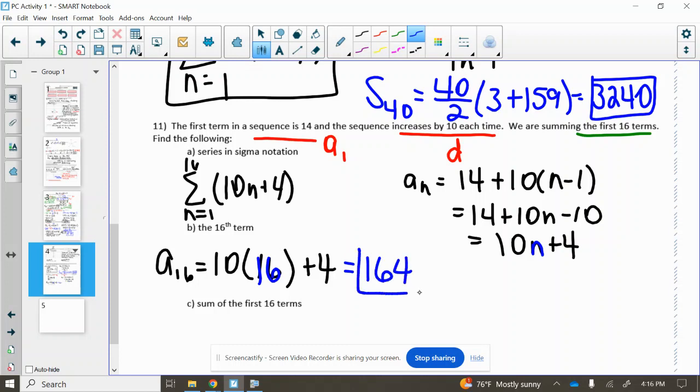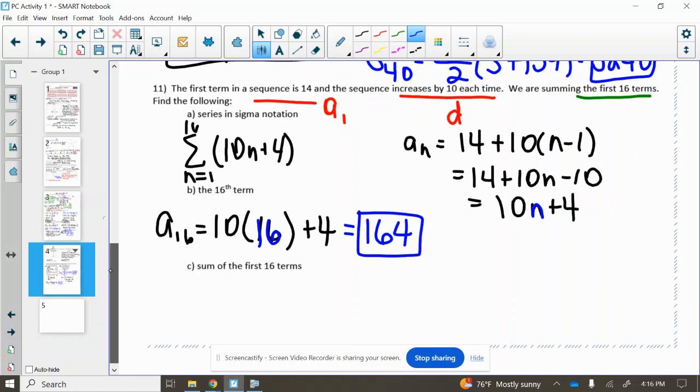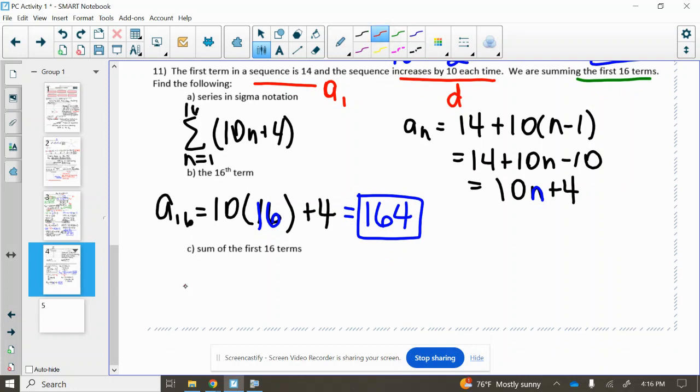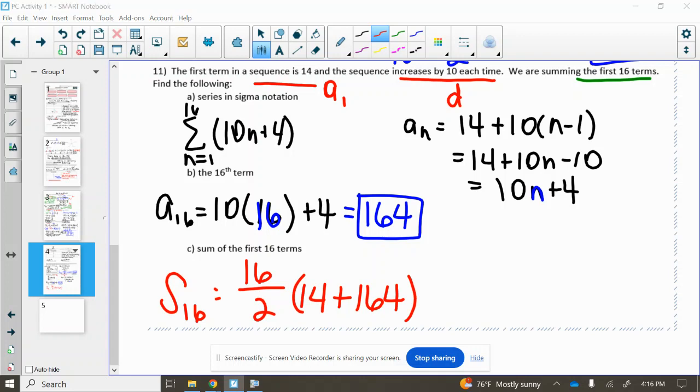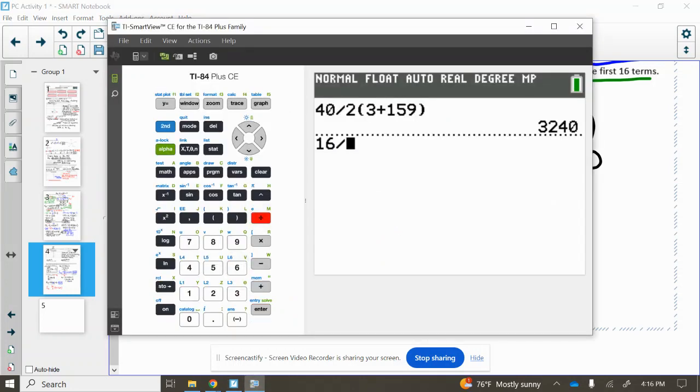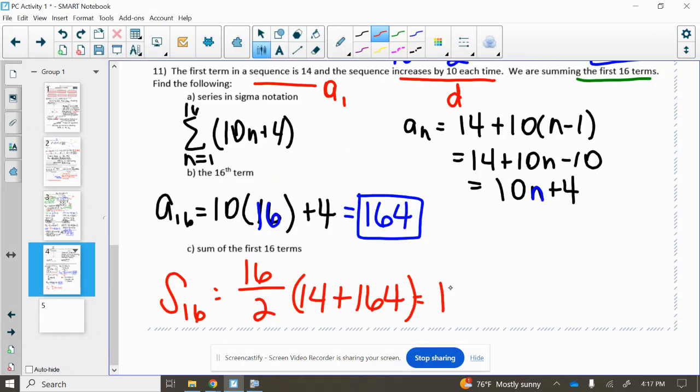And then last but not least, for summing up the first 16 terms, again, we have our n divided by 2. First term is 14, 16th term is 164. So if we take 16 divided by 2, times the first term 14 plus the 16th term 164, we get our total of 1,424.